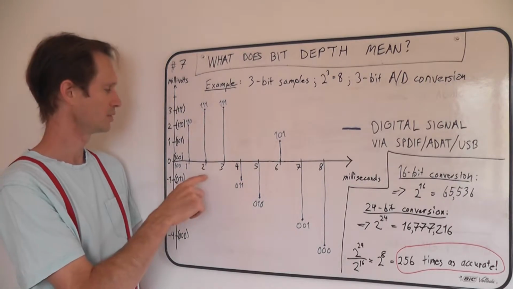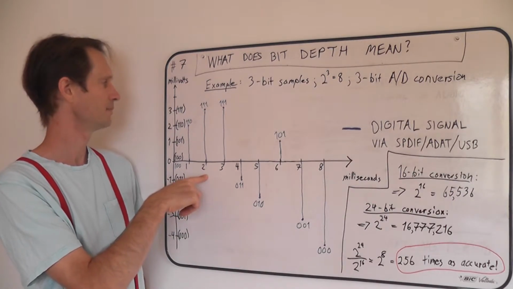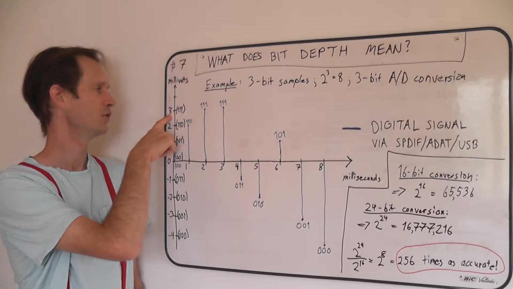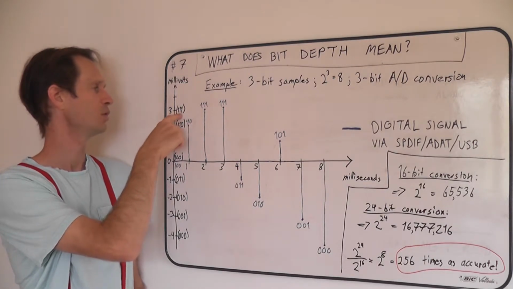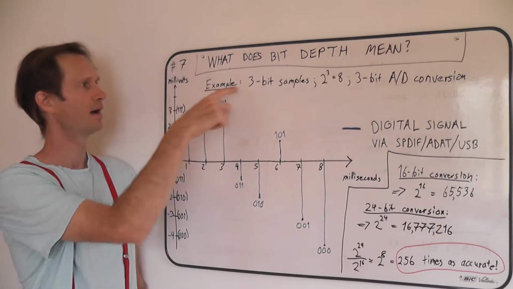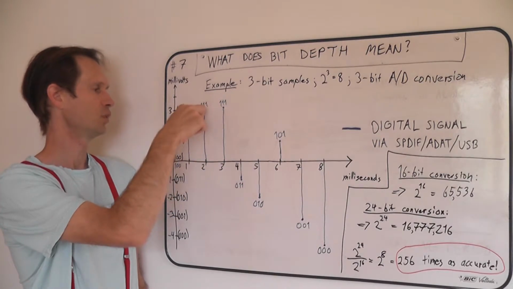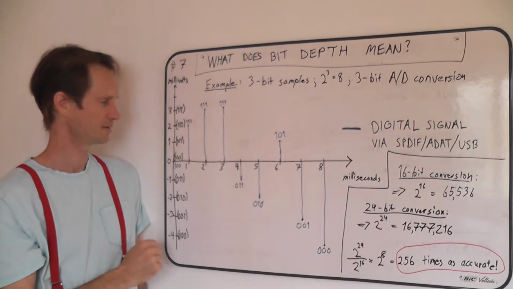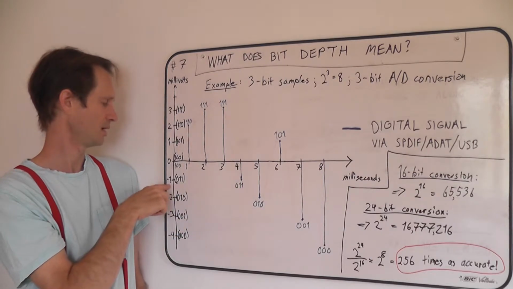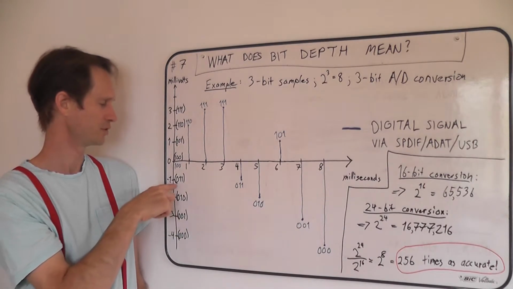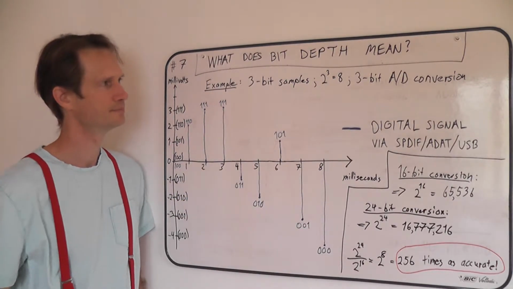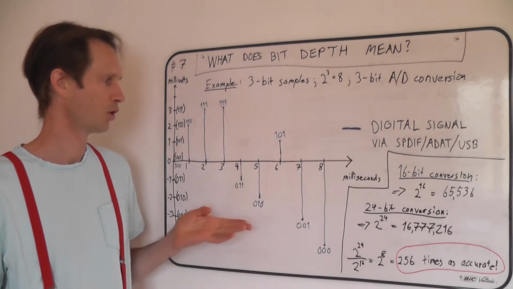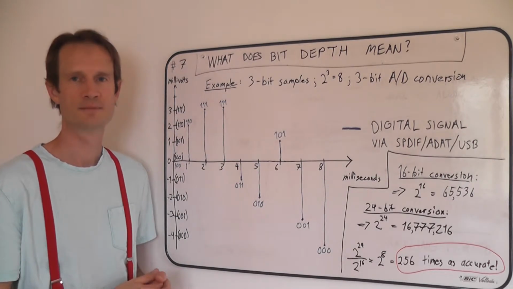And just to make sure you understand, I'll go on to, at 2 milliseconds, I see that my signal has a value of 3 millivolts, and I've chosen to encode 3 millivolts as 111 in my 3-bit sampling scheme, and so I'm going to send 111, and that's the same value that I have at 3 milliseconds, but at 4 milliseconds I have a signal that is equal to -1 millivolts, which I've chosen to encode as 011, etc. So there aren't any 3-bit A to D converters, but if there were, this is one example of how it could work.